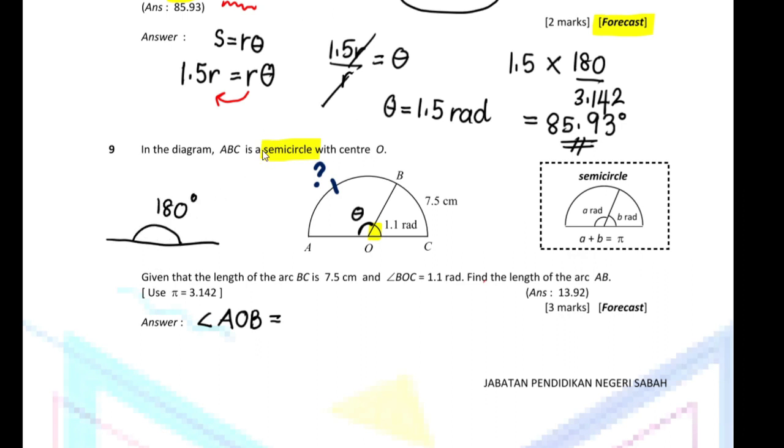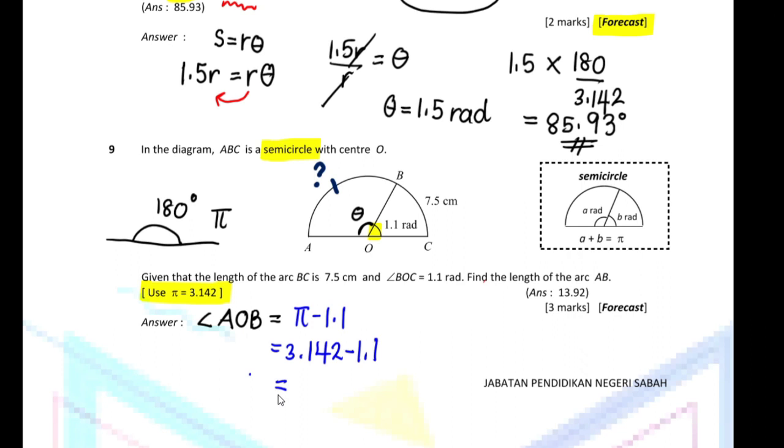But here it's radian. So for radian we use pi. Pi is 180. But here they already told us to use pi as 3.142. So I'm going to use pi minus 1.1. That means 3.142 minus 1.1 will give me my theta, the angle for AOB.